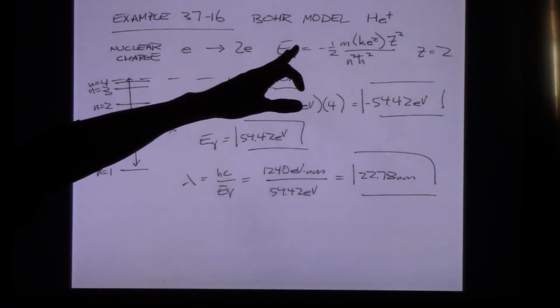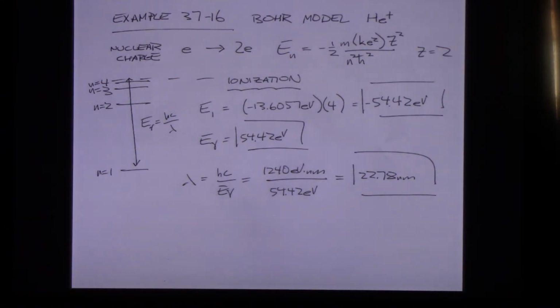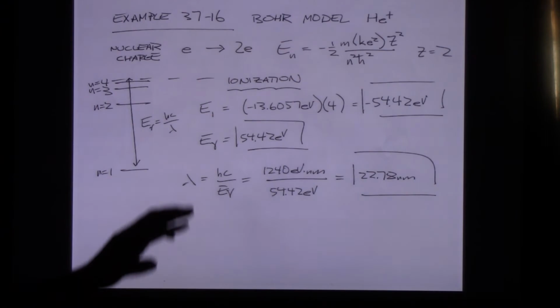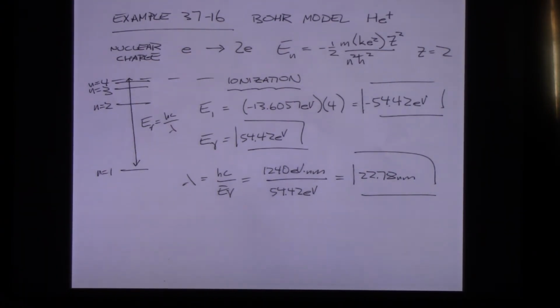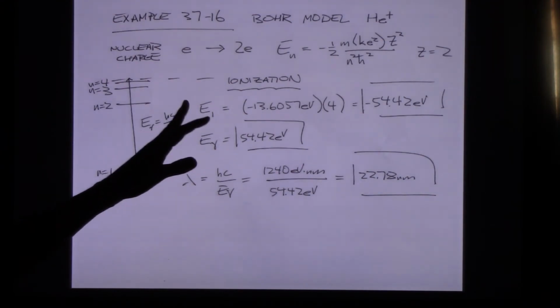And helium plus, helium that's already lost 1 of its electrons, only has 1 left. And all of the mathematics that went into hydrogen works for helium plus. It works for lithium plus plus. It works for beryllium plus plus plus. As long as there's only 1 electron left attached to that nucleus, the Bohr model will work.